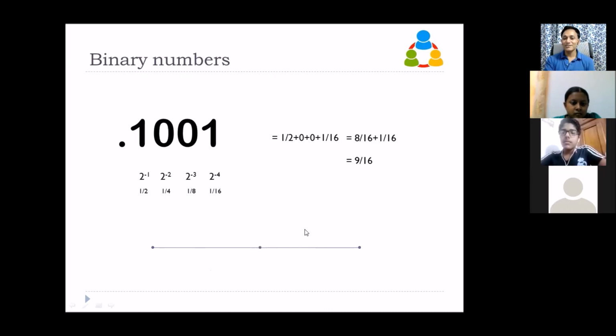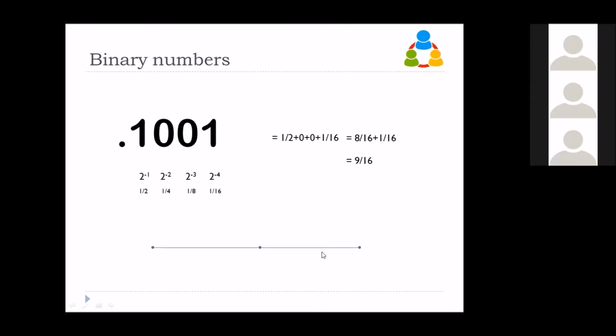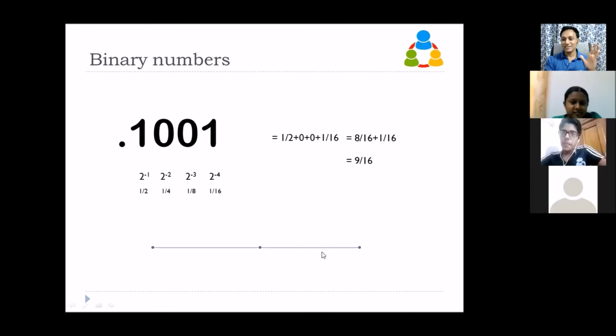This is 0, this is 1. You understand? This is Argentina, this is Brazil. Nothing else. There is nothing else, no other stuff. 0 and 1. That is 1 by 2.